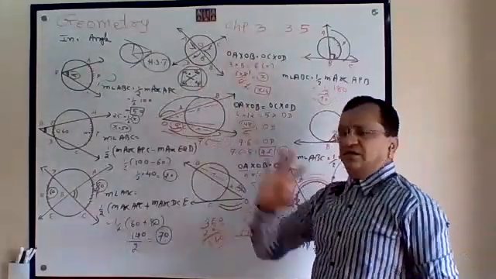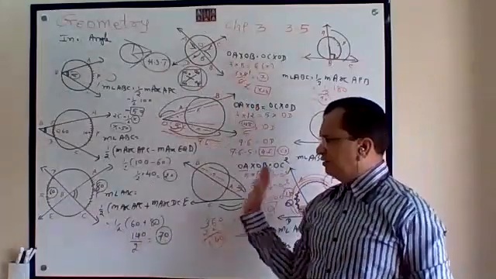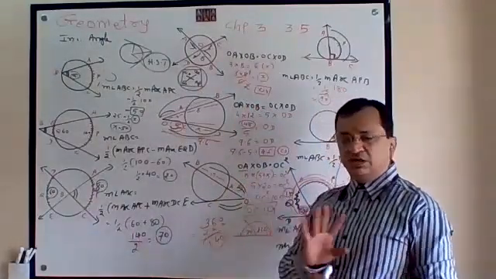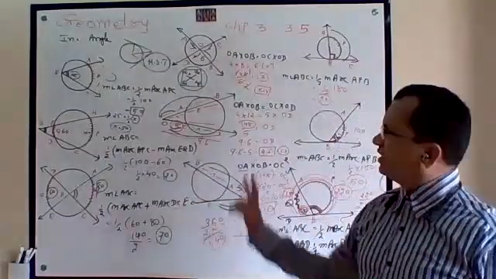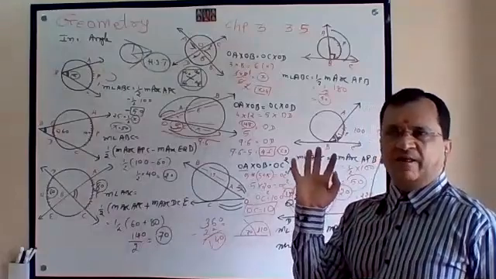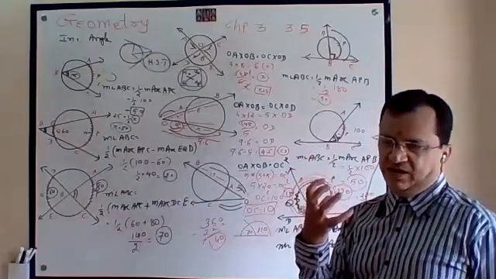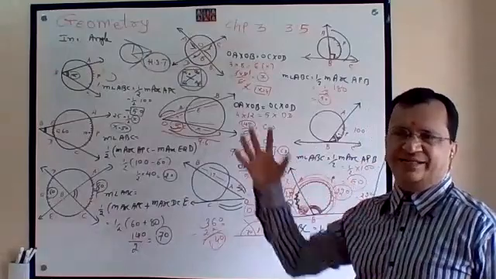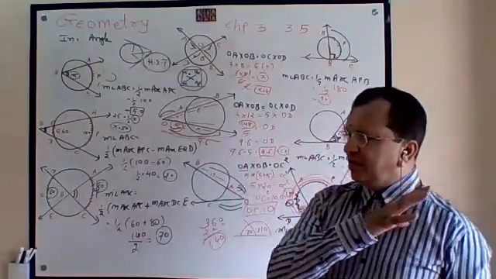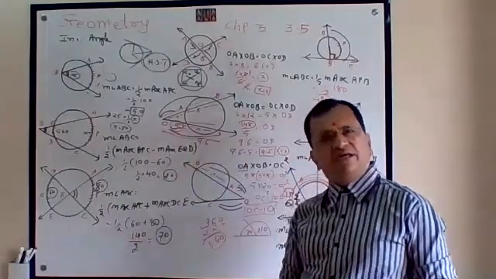This theorem and that theorem we have done, I have explained. In the full chapter, these 9 topics and these 2 theorems you have to learn by heart. These are the main part. If you learn this, the concept will be clear. You can attempt any question of circle in the SSC board.